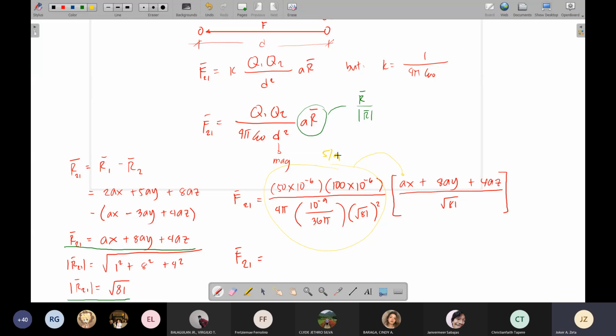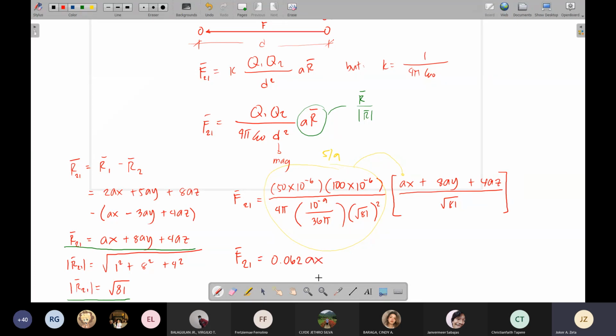5 over 9 times 1 divided by the square root of 81, you have 0.062 ax.